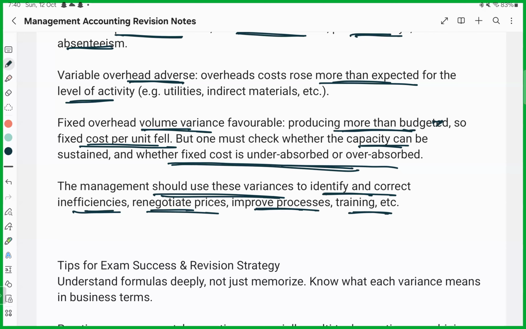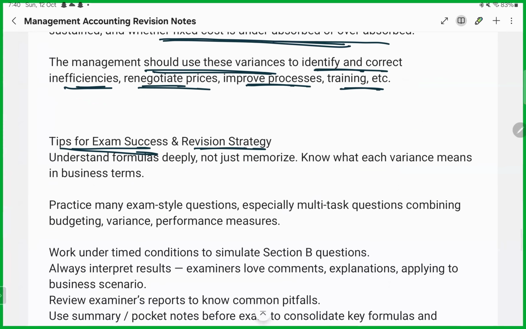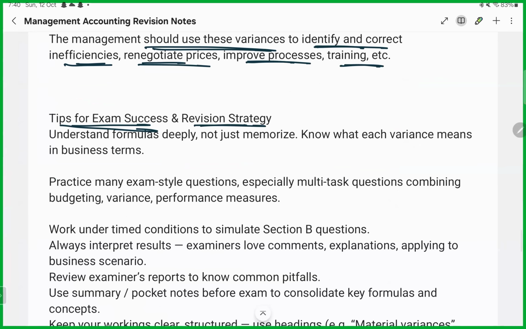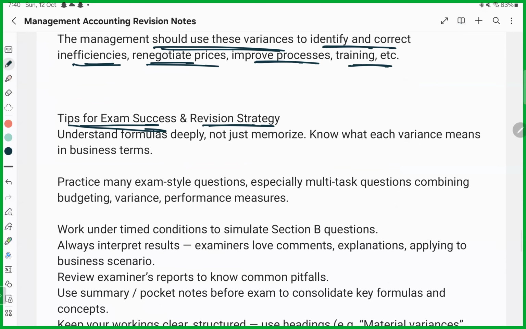Now, from the exam point of view, there are some tips for your exam preparation and revision strategies. You should understand the formulas properly, because these formulas will help you a lot in solving all the questions in your exam time.